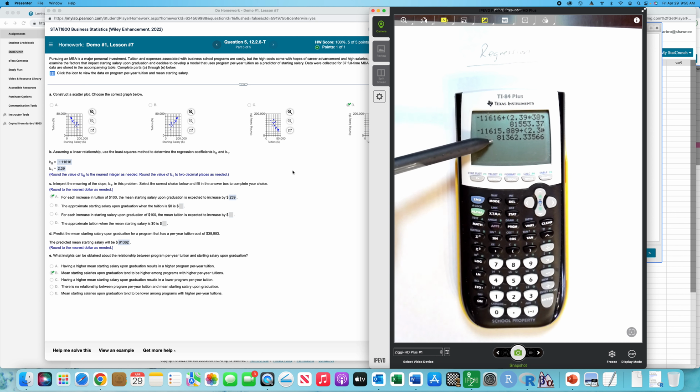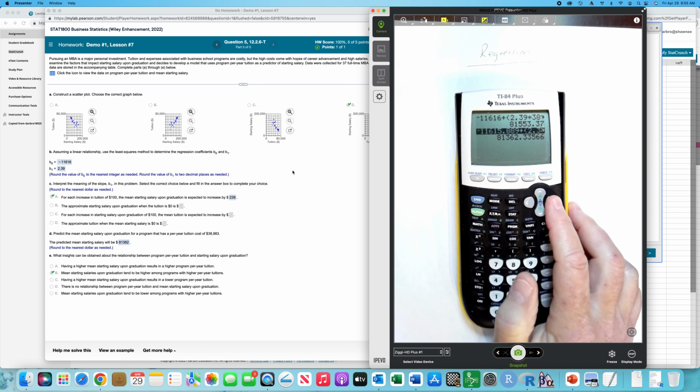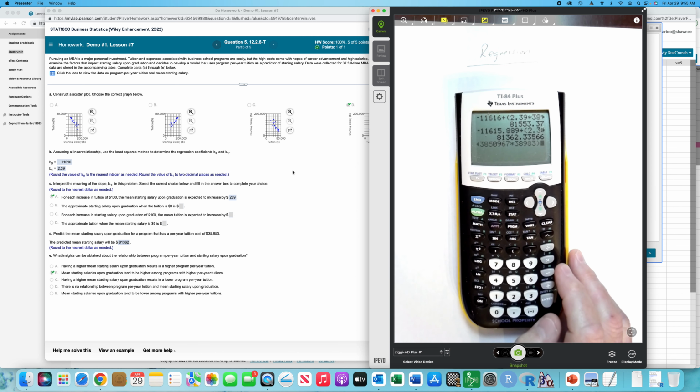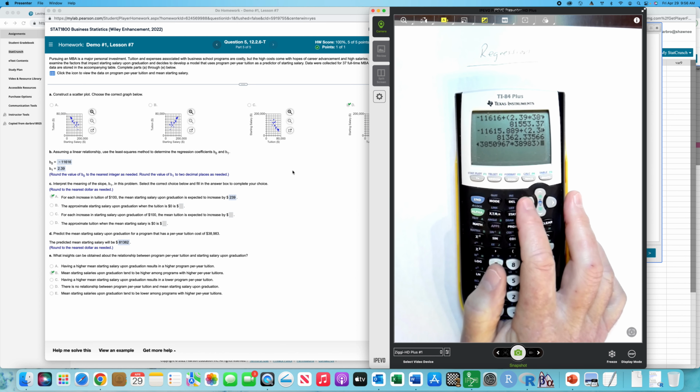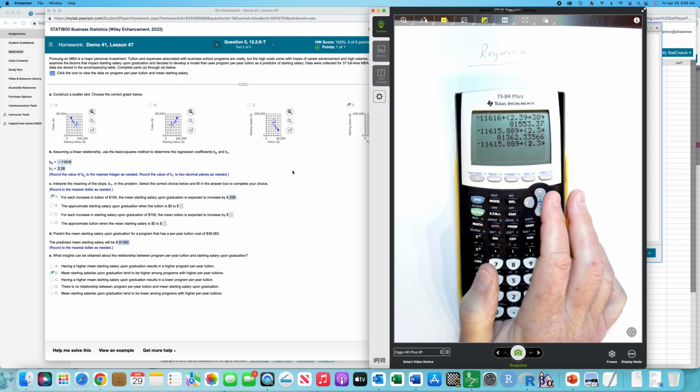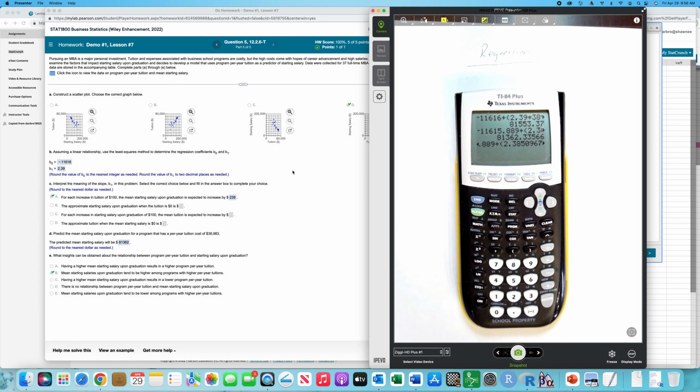But if I'm actually going to calculate the predicted value, I need to use the decimal expansion. I typed the slope all the way out, and when I did that, I got the correct predicted mean salary. So, rounding really matters, obviously.